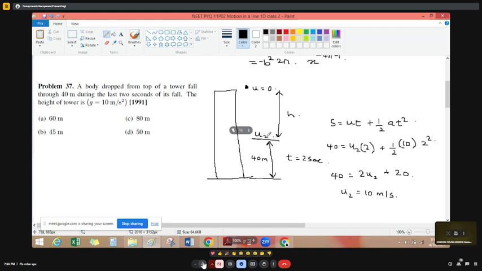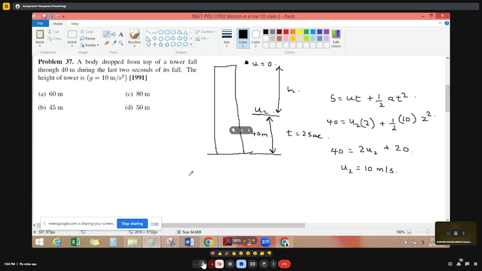In this region, this is the initial velocity, this is the final velocity. So that means it is 10. So that means I can again use, but I don't know the time, so I cannot use this formula. Which formula can I use? Which formula doesn't involve time?